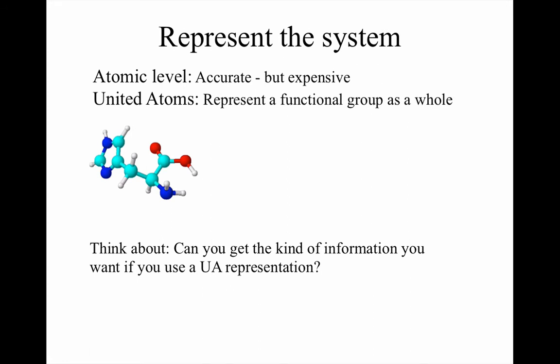So let's look at the first part in a bit more detail, namely how we represent the system. Here we can generally choose between an atomic level representation or a united atoms level of system representation. We talked a little bit about it when we discussed molecular mechanics, and the meaning here is the same as in molecular mechanics.